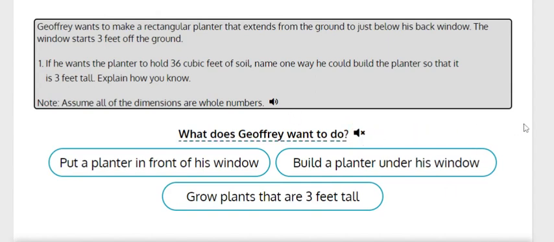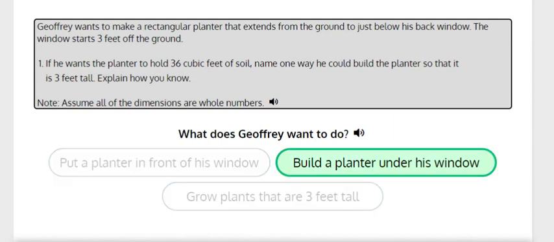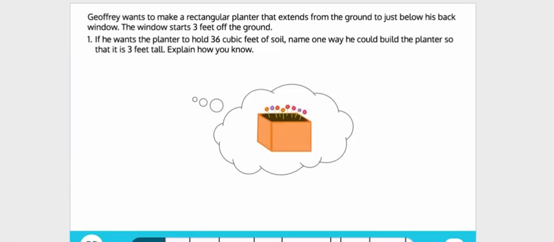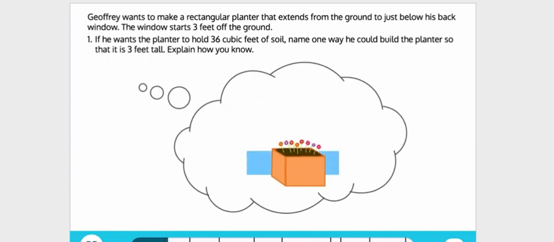What does Jeffrey want to do? So Jeffrey wants to build a rectangular planter under his back window.